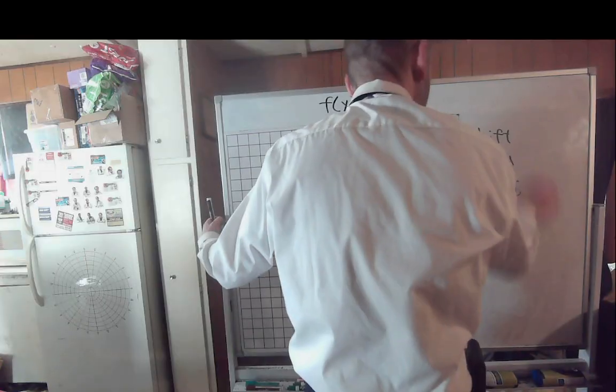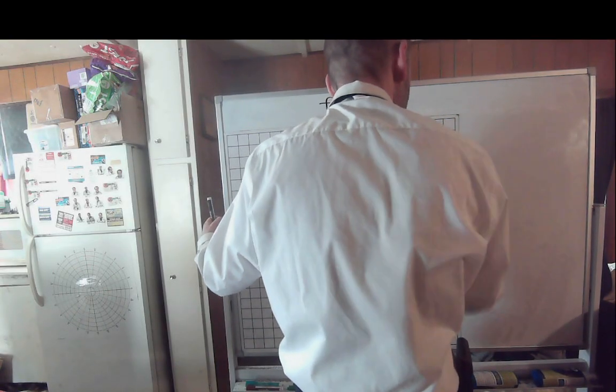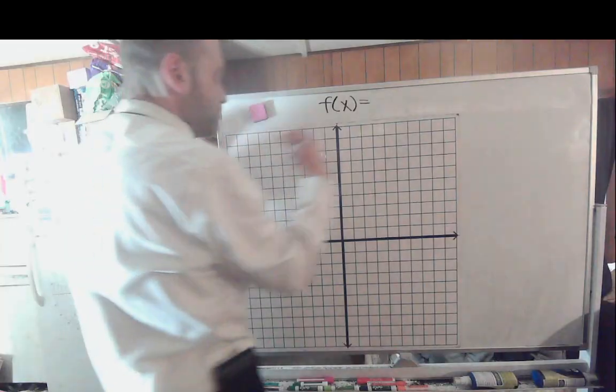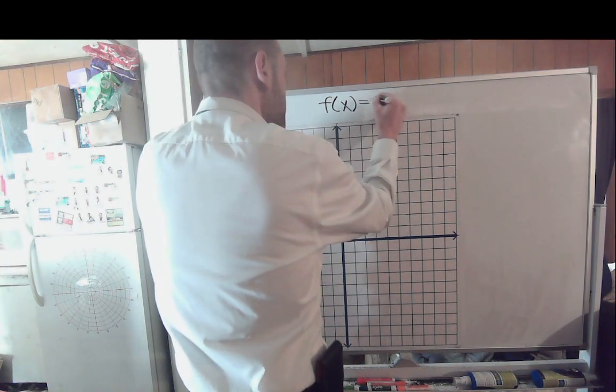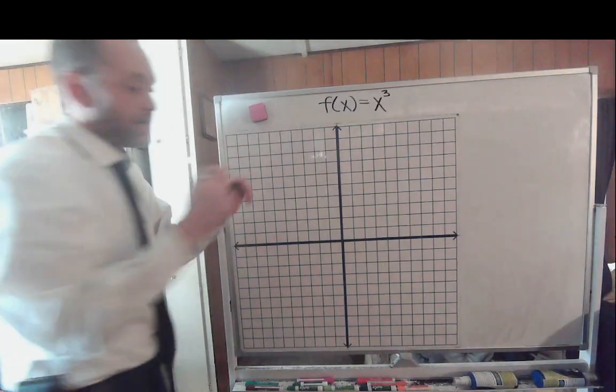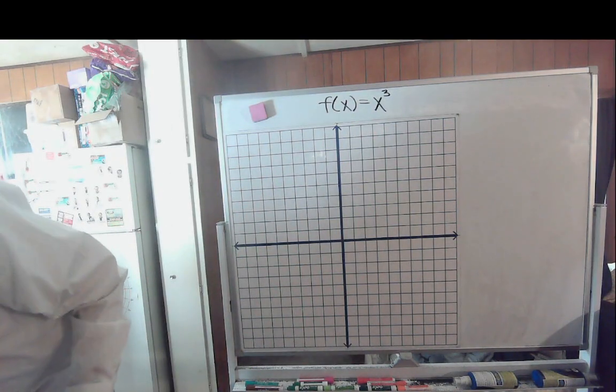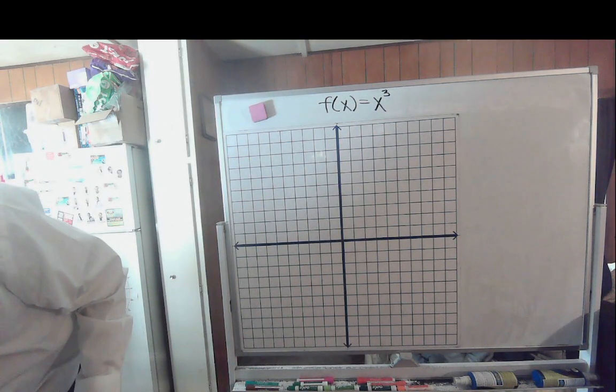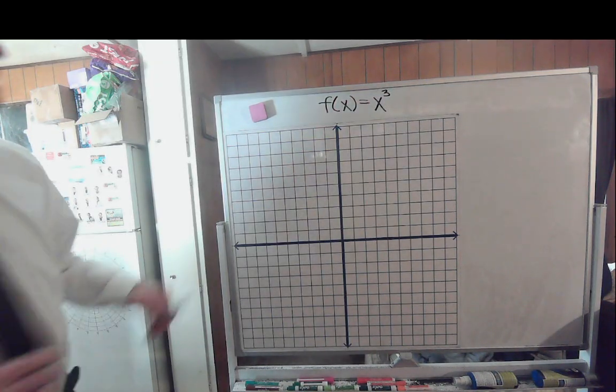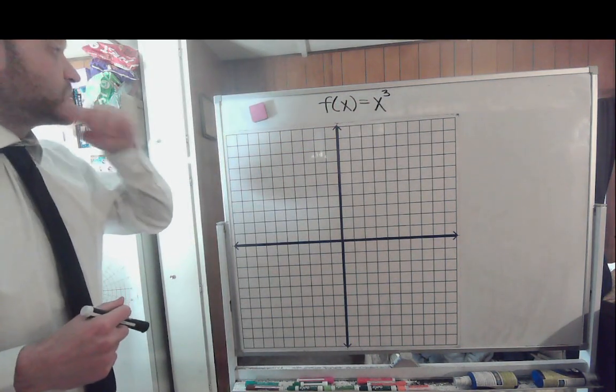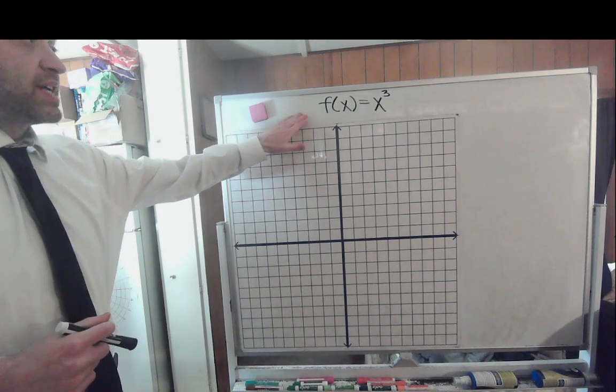This is a good time to review some very basic fundamental graphs that we've learned in algebra. So the typical graph of f of x equals x to the third.